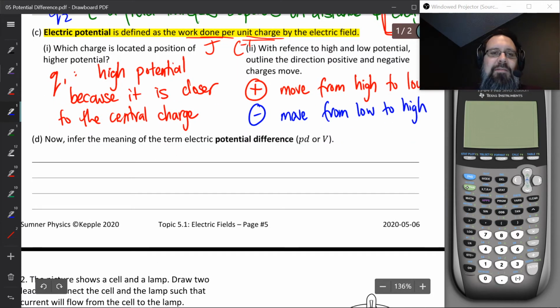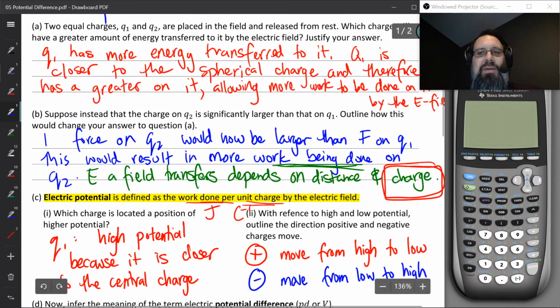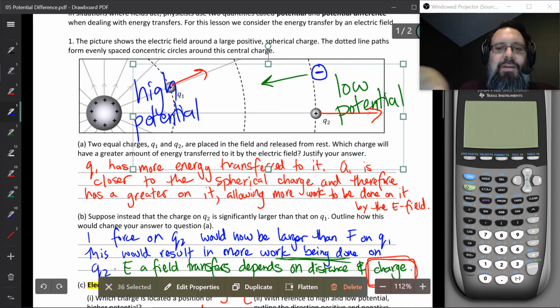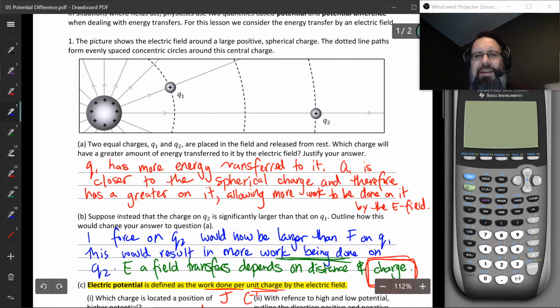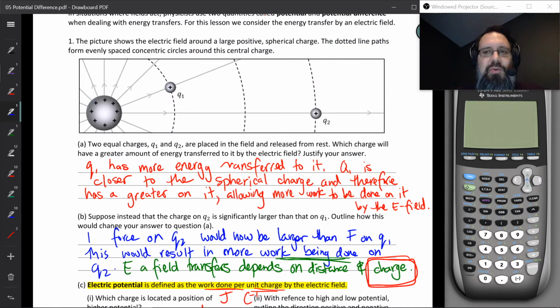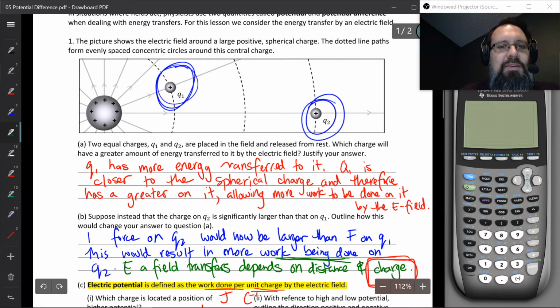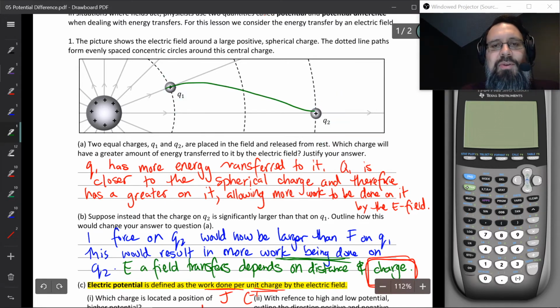Okay, now it says infer the meaning of the term electric potential difference. When we're talking about a potential difference, to have a difference, what do you have to have? You have to have two different things. So if we're talking about a potential difference, we're saying if we go from this point to this point, if we took this Q1 charge and moved it out to where Q2 is, that would be a potential difference.